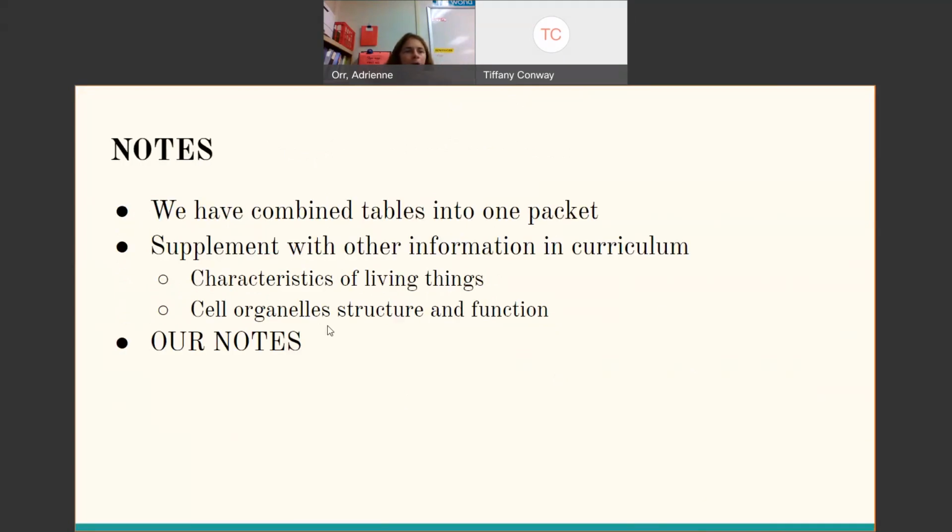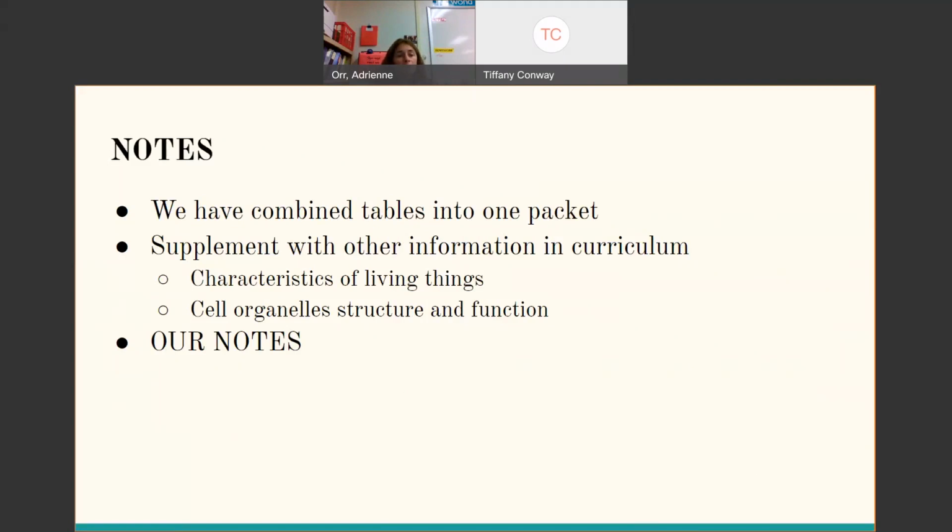Okay, notes. Like we said, if you look at the original curriculum, I think there are 17 or 18 lessons, but the first year that we did this, especially in the cell portion, we combined a whole bunch of lessons.